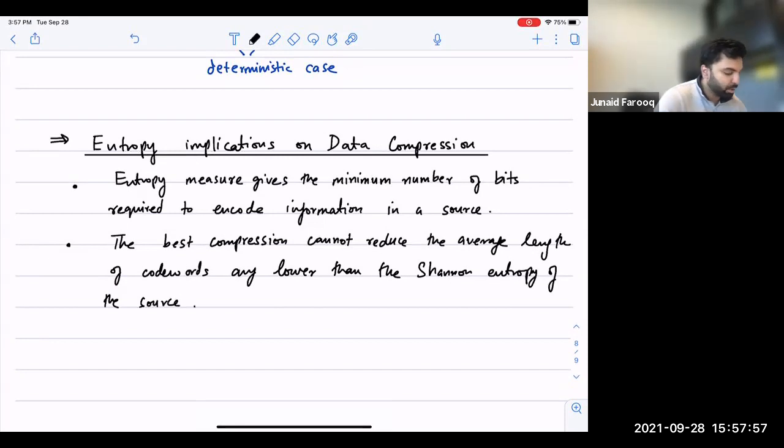Essentially, Shannon entropy is the fundamental limit. You cannot do better than that in terms of the number of bits required to represent a certain information source.